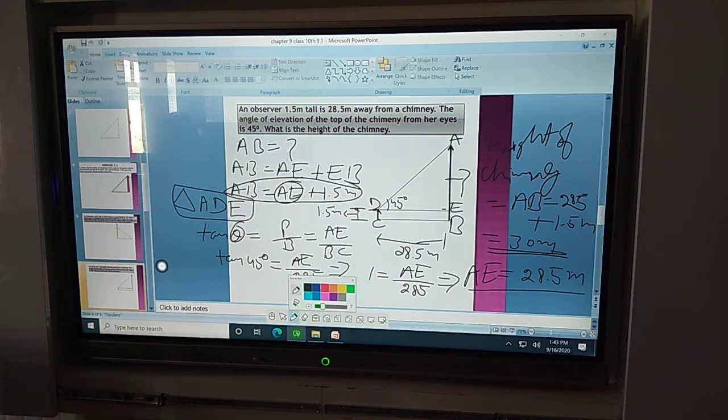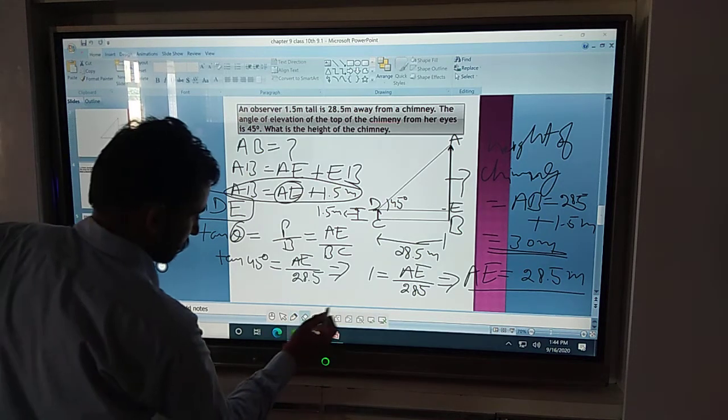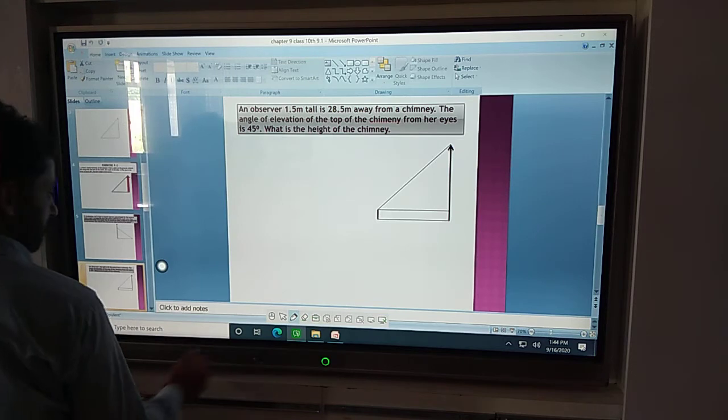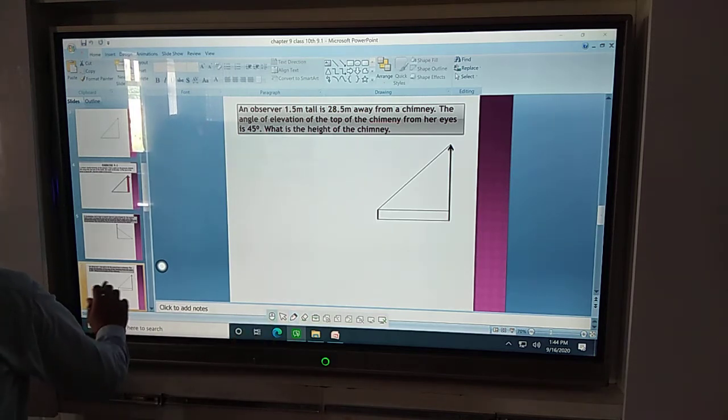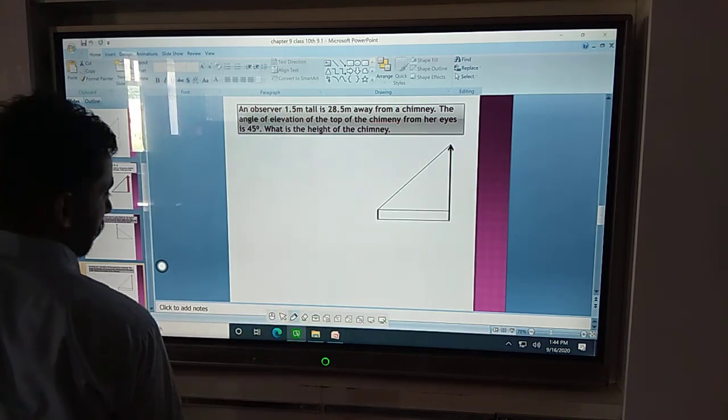Now the example number 5th. Example 4 and 5 are both similar. Now we are solving example number 5. What is given?